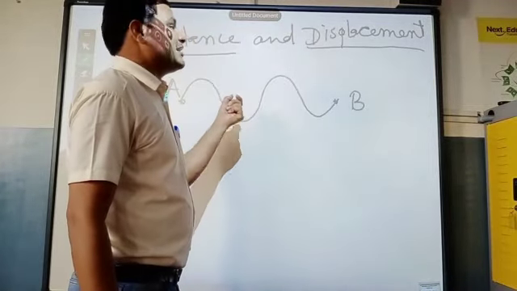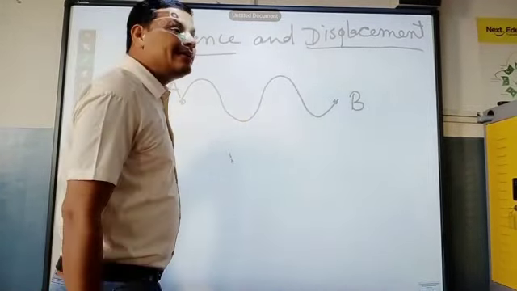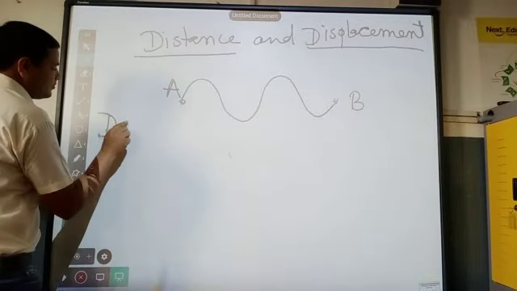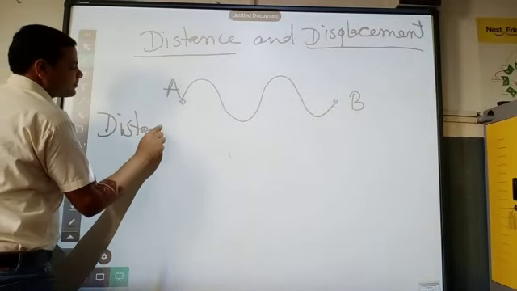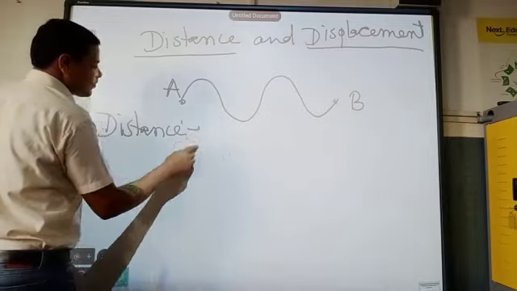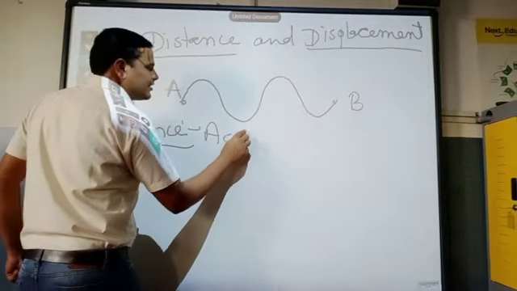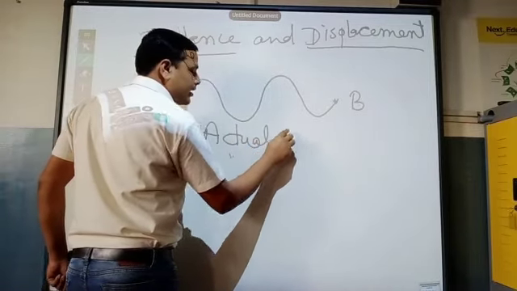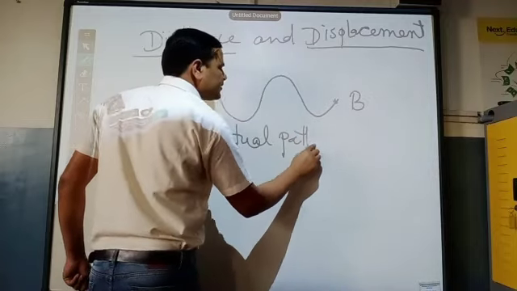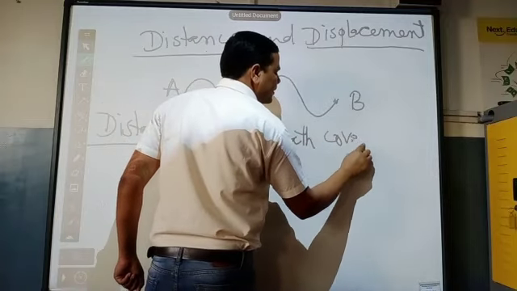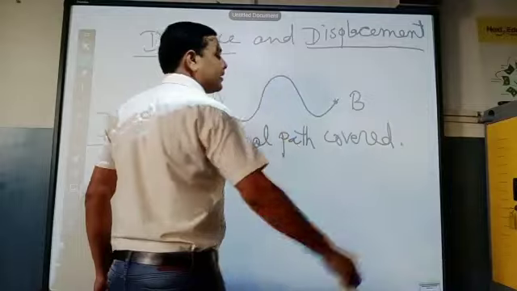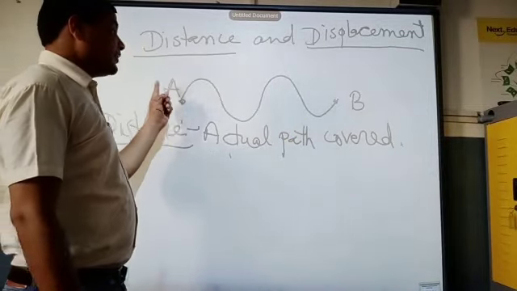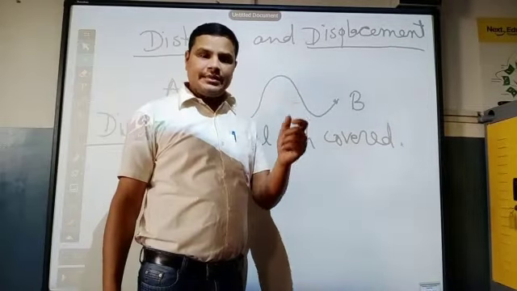This actual path covered by the body is known as distance. Actual path covered between 2 points is known as distance.